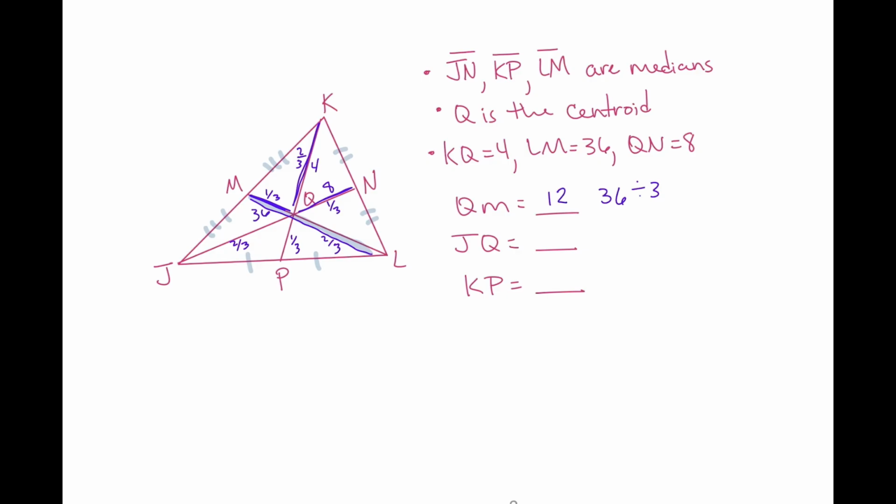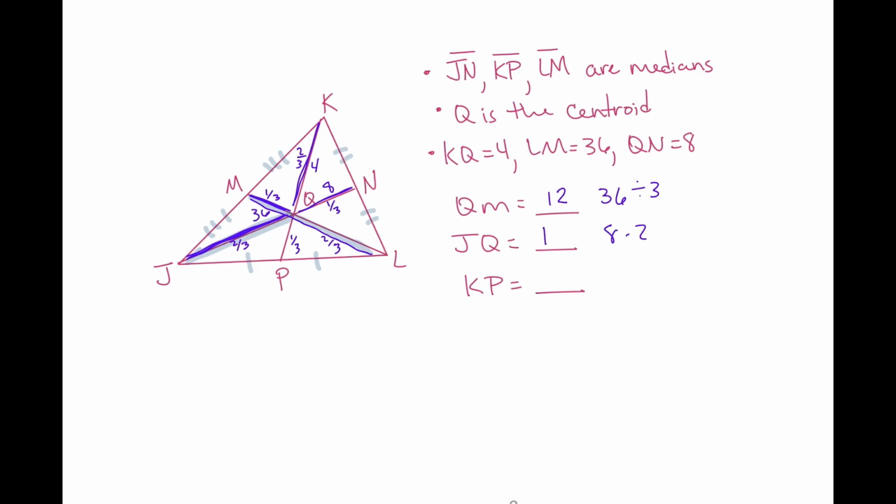Now I'm going to look at JQ. JQ is 2/3 and NQ is 1/3. I have one of them, which is 8. How many is 2 of them? So 8 times 2 is 16.